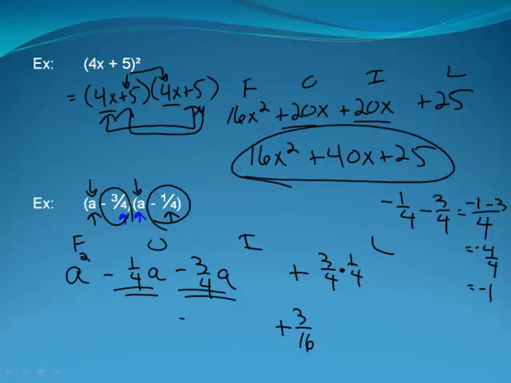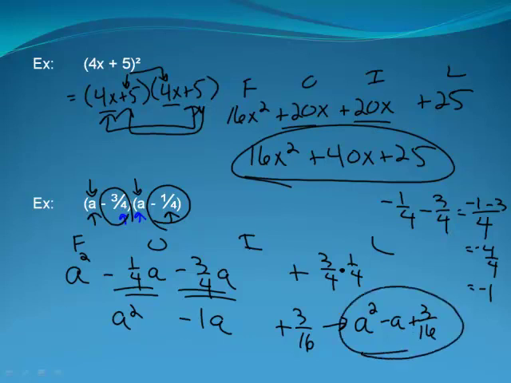So here we've got negative 1a, and we have that a squared as well. Now let's clean that up. No like terms to combine. I'm just going to rewrite it and drop that coefficient of 1. Our final answer is a squared minus a plus 3/16. And that would be our final answer for that problem.